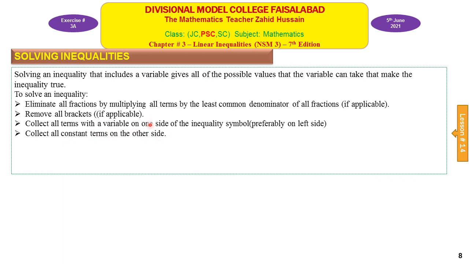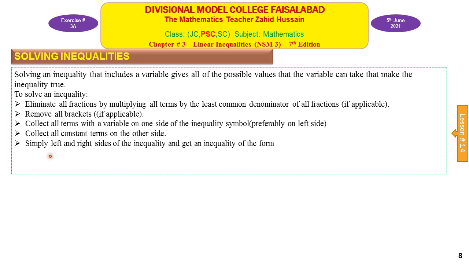If you collect terms with the variable on the left hand side, then constant terms will be collected on the right hand side, and if you collect the variables on the right hand side, then all the constant terms go to the left hand side. But you must collect all the terms with the variable on the left hand side.